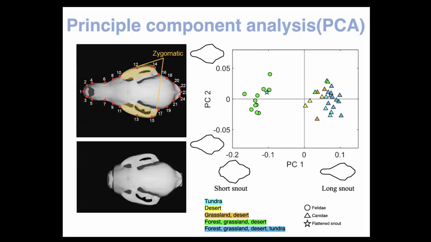So what we tried to do is also make a skull shape by reducing the snout length arbitrarily and maintaining the other areas of the shape as much as what we see in the fox. And this one is located at the start here, close to the Felidae, the cat family.